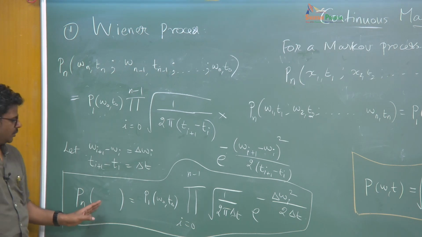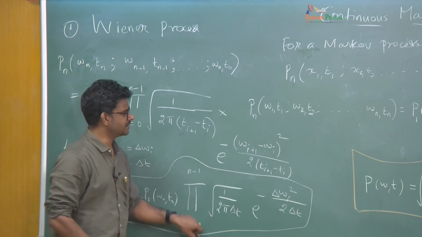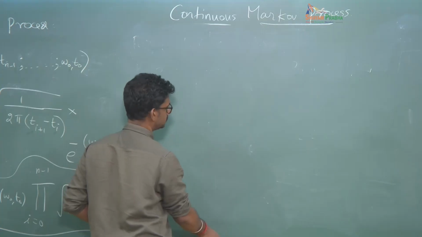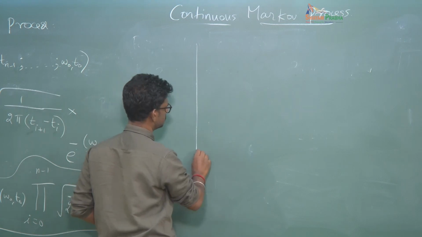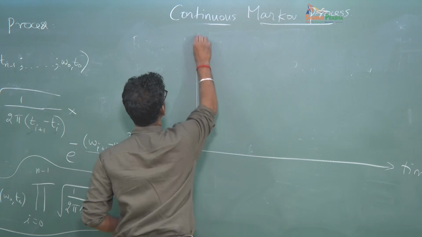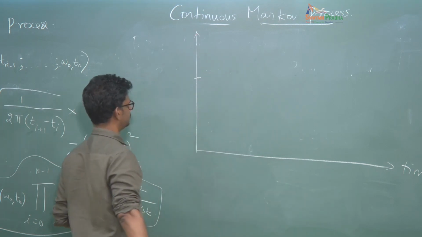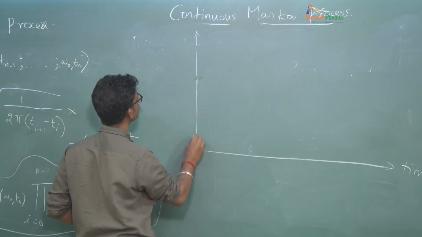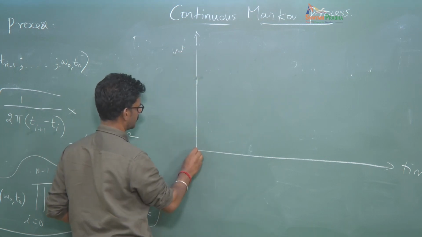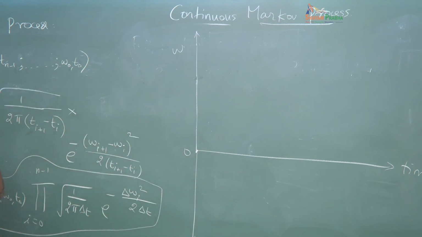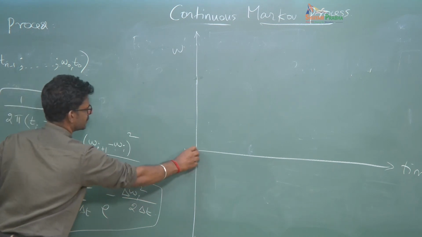Okay, so what we can do is generate trajectories based on this distribution. Let's say you start with an initial position at 0.